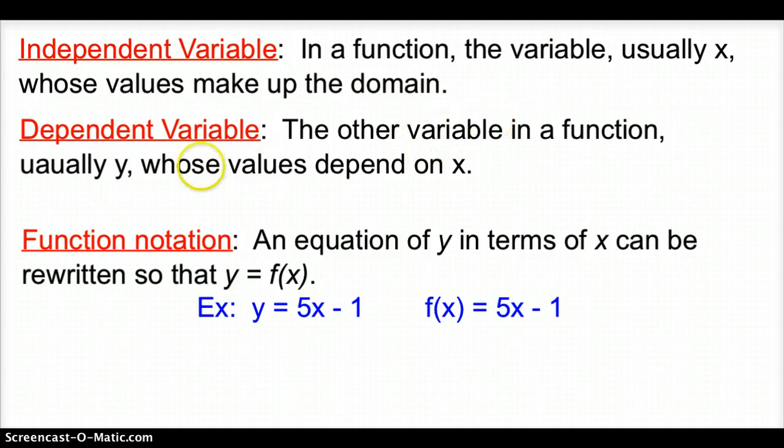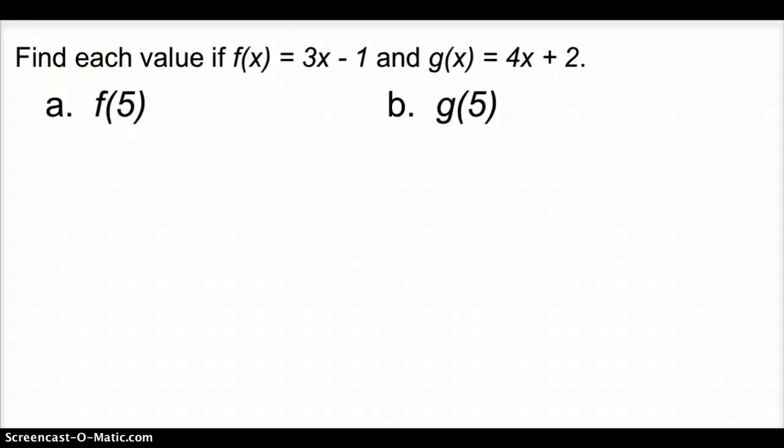Dependent variable, now it's called dependent for a reason, it depends on the independent variable. The dependent variable depends on the other variable, stated here. And then we are also going to get into some function notation, which basically changes a y to an f of x. So if it was written like this, y equals 5x minus 1, function notation changes that y to f of x.